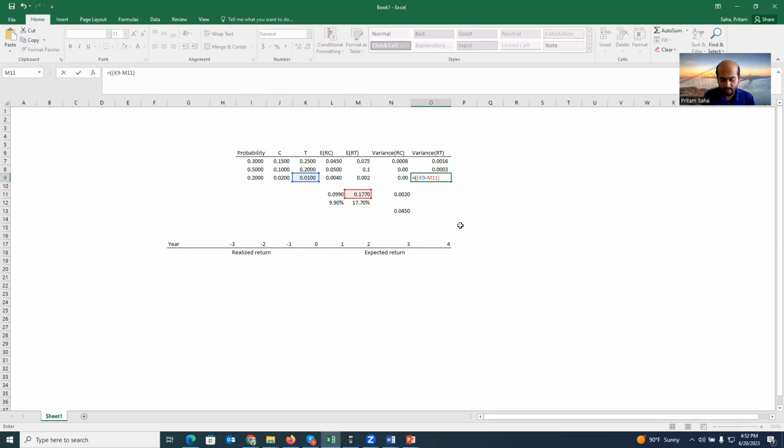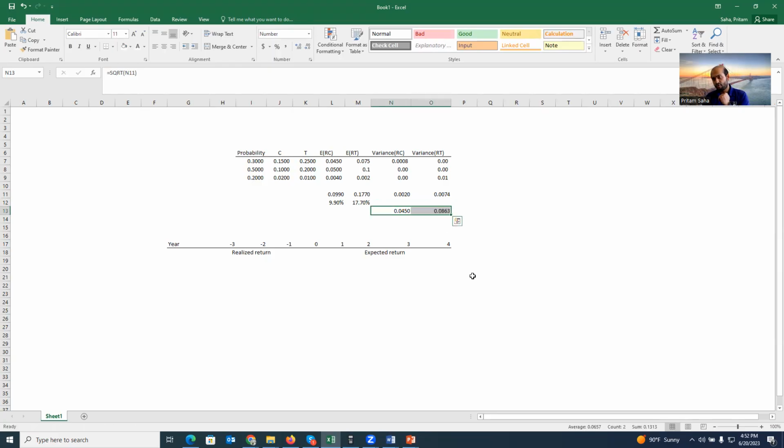Oh, I think I did one more. So let's see the formula. Okay. Now, again, this is variance, okay? This is variance. And this is standard deviation.